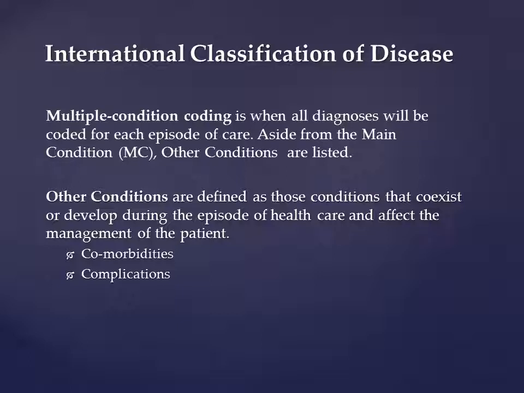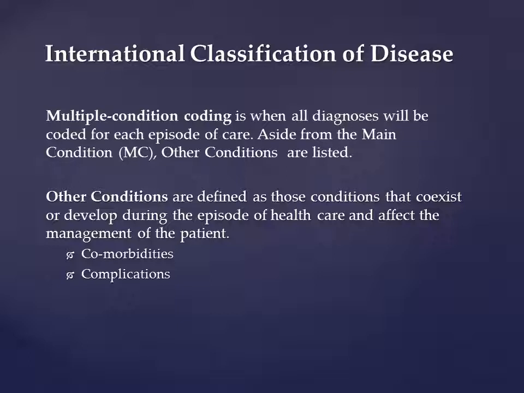While multiple condition coding is when all the diagnoses are coded. Aside from the main condition, the other conditions are listed as well. These are the conditions that coexist or develop during the episode of care.